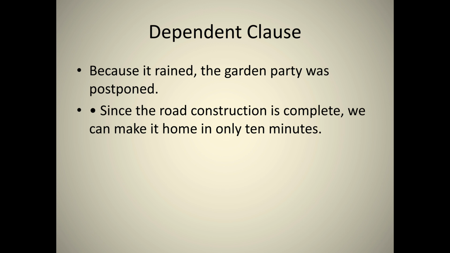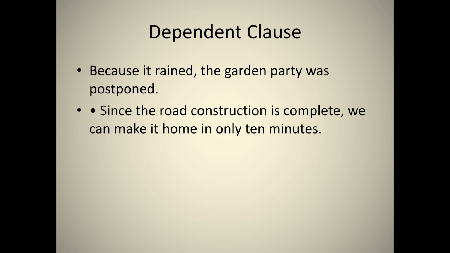The second one, since the road construction is complete, again, this doesn't make complete sense. Since the road construction is complete, so what happened? So when it is done, so what is the benefit? What is the result? What is the consequence? We don't know.